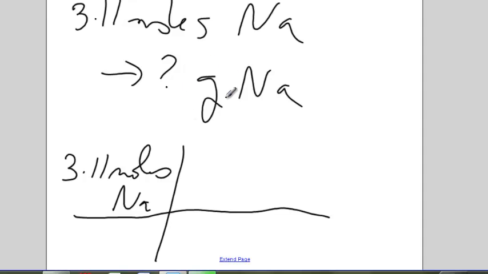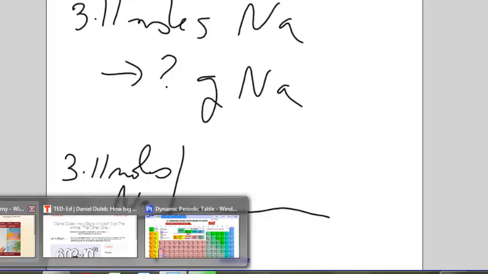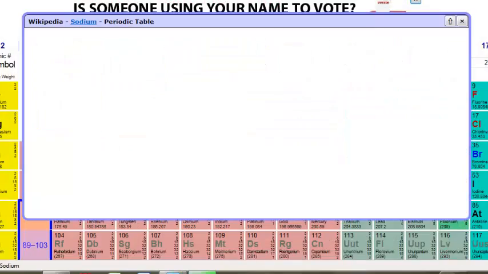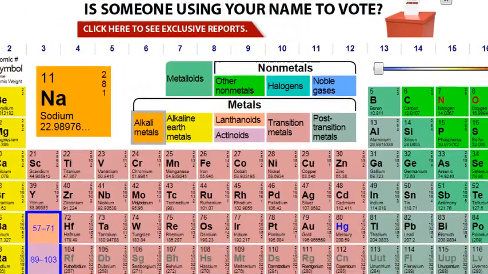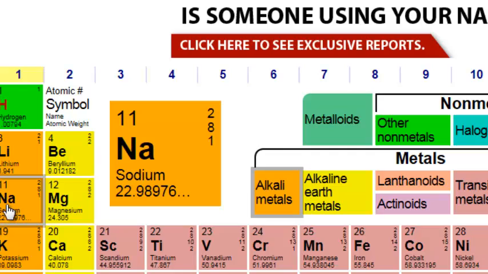You do not need 6.02 times 10 to the 23rd. What you need when you're talking about grams is a mass off the periodic table. So you go here to the periodic table. You say, oh, sodium. Sodium has a molar mass of 22.9876. We're going to round these. We're going to call it 22.99. We're going to round everything to the 100th.